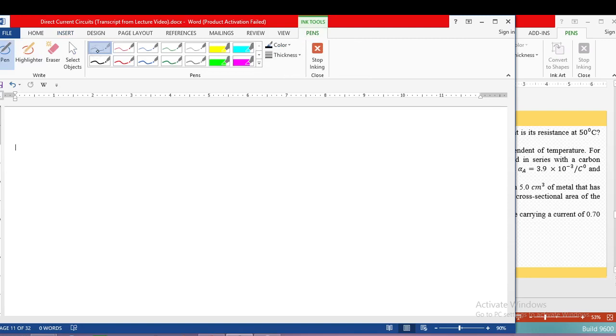So we have R sub naught, then 1 plus alpha, then delta T, right?